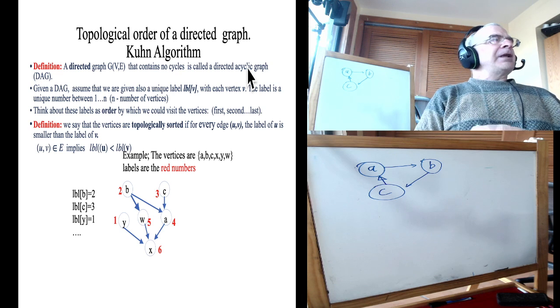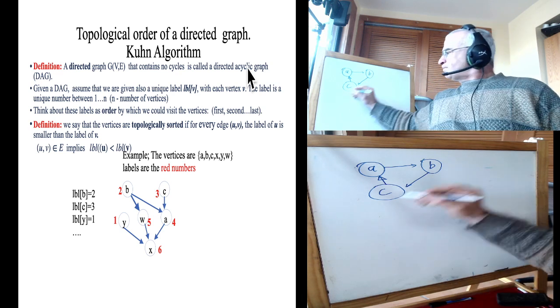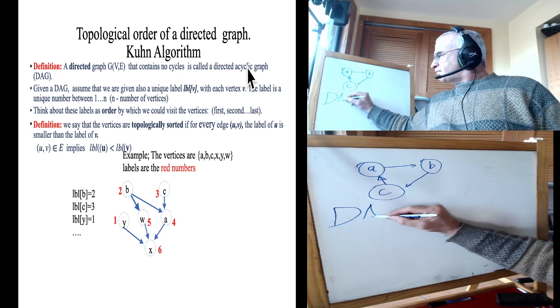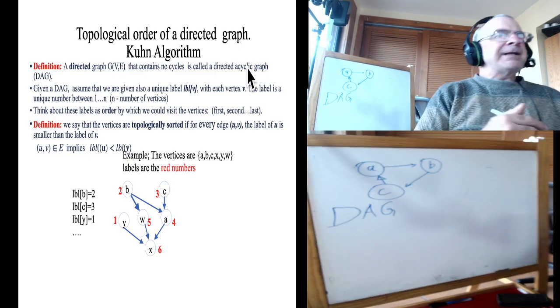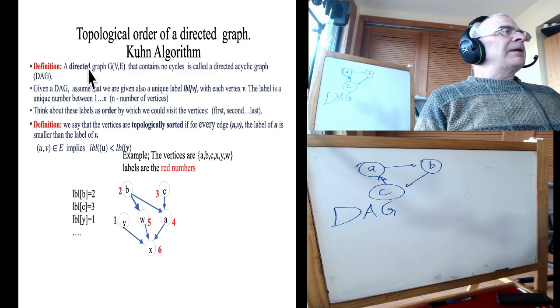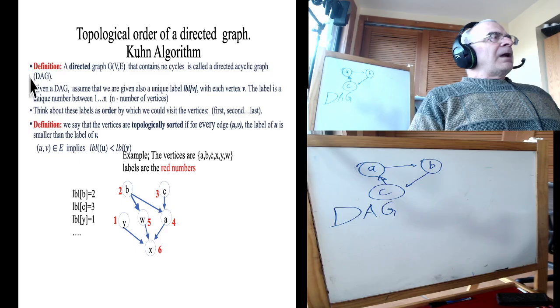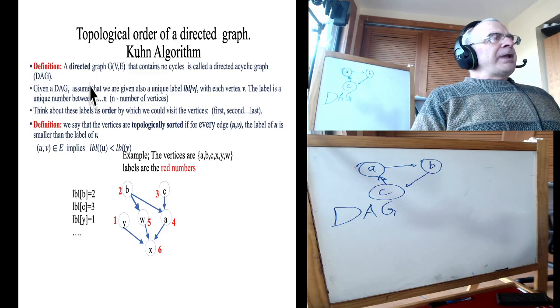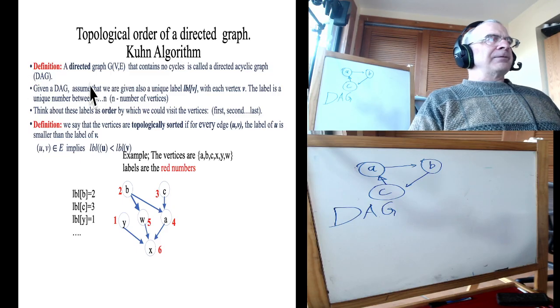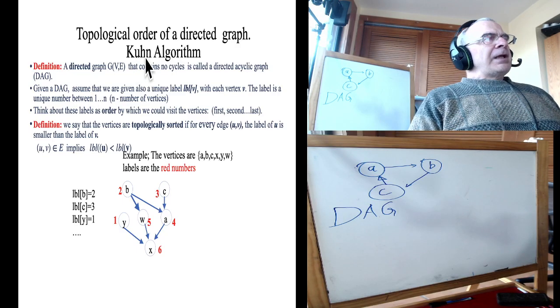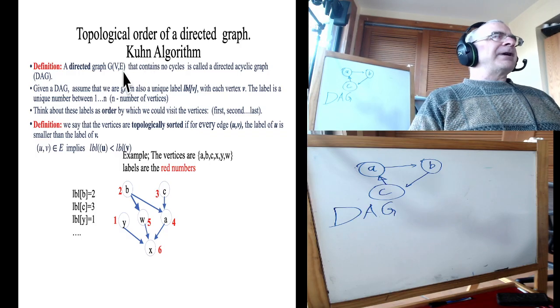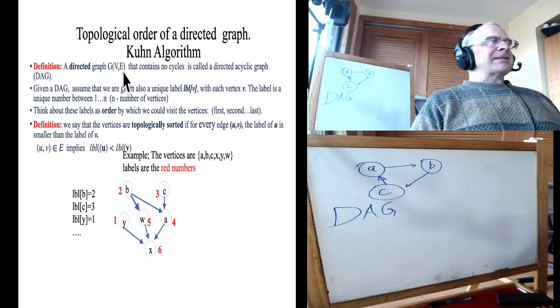So we are talking about DAGs, directed acyclic graphs, and we hope that the input graph here will be a DAG, but the algorithm that I'm going to show you, Kahn's algorithm, will also tell you, you know what, something about your graph or your priorities doesn't make sense because there is a cycle.